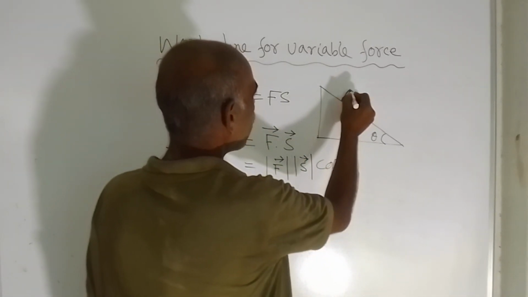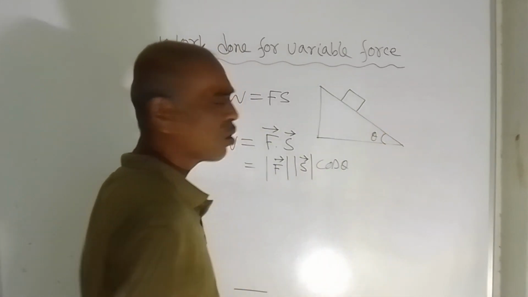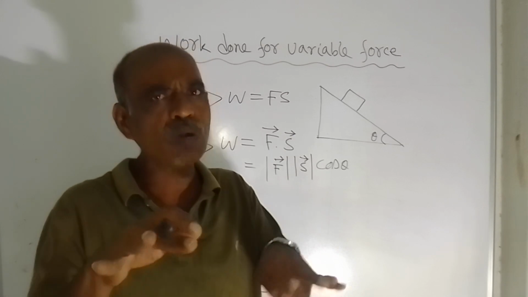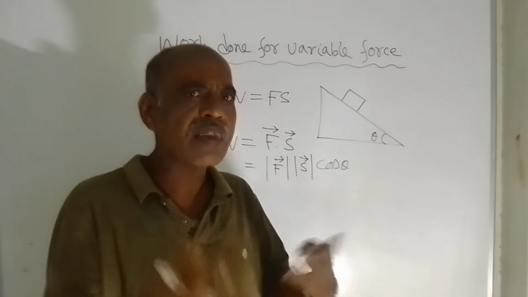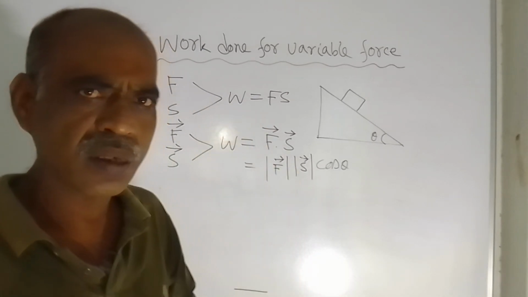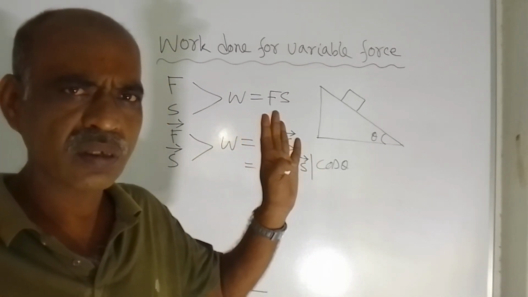And suppose one block is kept on the inclined plane, and suppose there is no friction acting between the block and the surface of the inclined plane. Frictional force is absent.